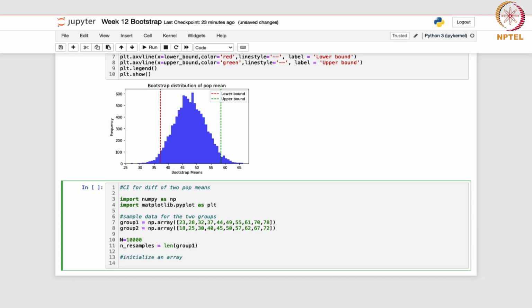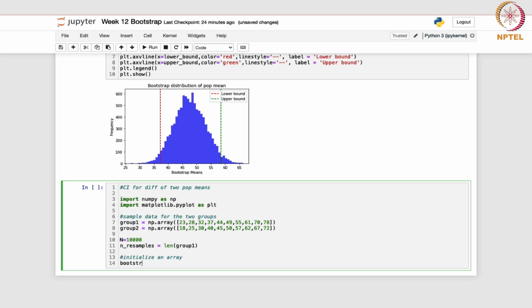Here you would see the similarity between the first code that we wrote for a single population mean and here we are writing for two population means. Everywhere we have to deal with two groups, right? So here we have stored this data in two different variables. Likewise, we would be generating samples again two times. So let us initialize this.